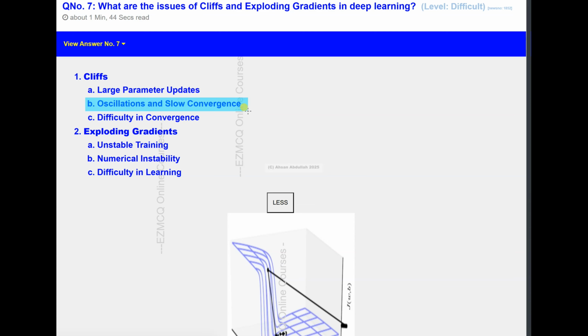Oscillations and slow convergence. When the parameter updates are too aggressive or misaligned, the optimizer may bounce back and forth across the loss surface, which creates oscillation because the optimizer is trying to converge to the local minima. But because of these large aggressive parameter updates, it misses it, and that results in oscillations.